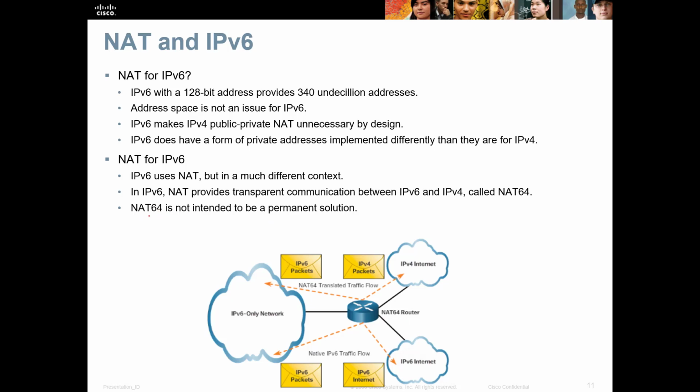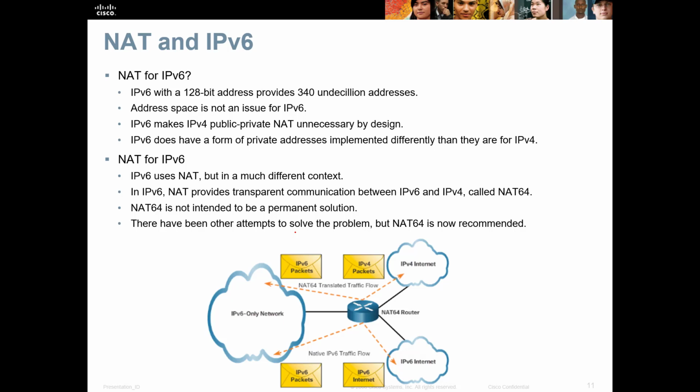NAT64, that's cute, is not intended to be a permanent solution, and actually an awful lot of solutions have been proposed. There have been a lot of other attempts, as you can imagine, because people were designing equipment. NAT clearly is an IPv4 issue, and IPv6 came along, so it's like, what do we need with that?